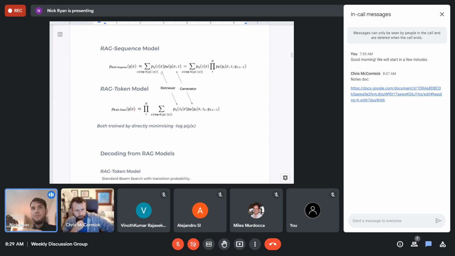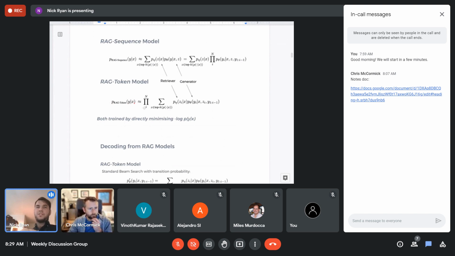So the probability of a given word is then the word given the sequence and the document, or the question and the document. For a RAG token, basically you're doing the marginalization over each single word here.